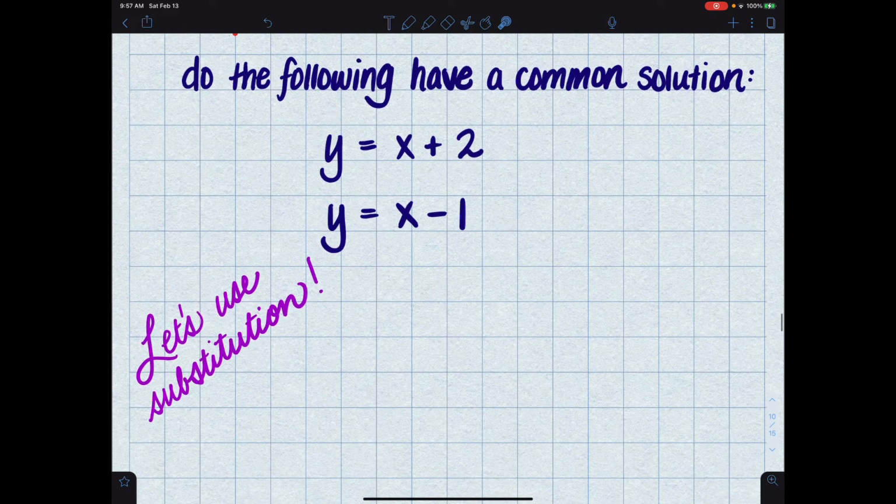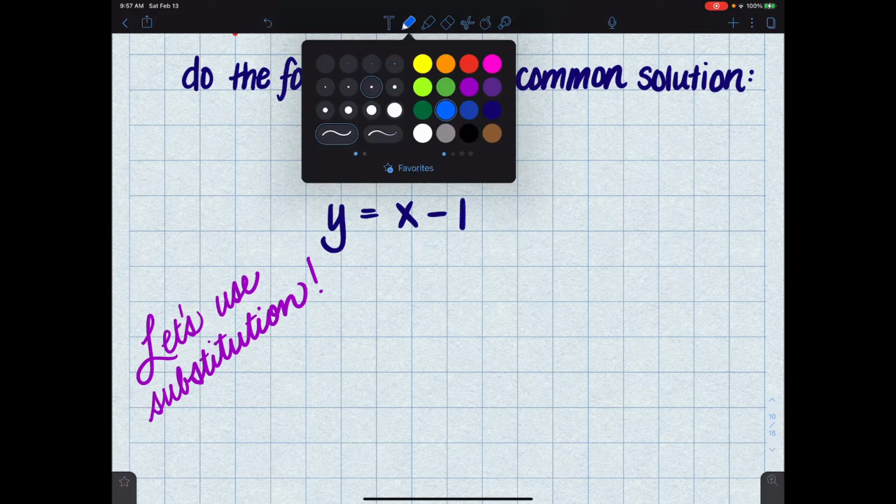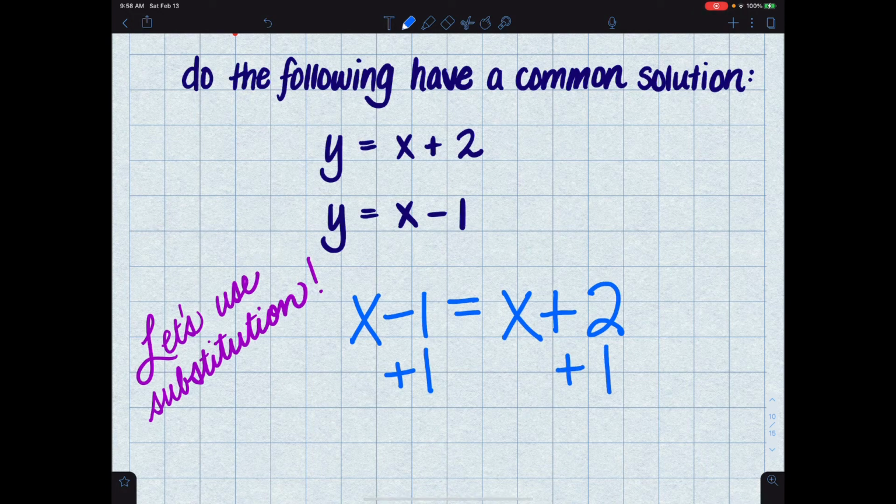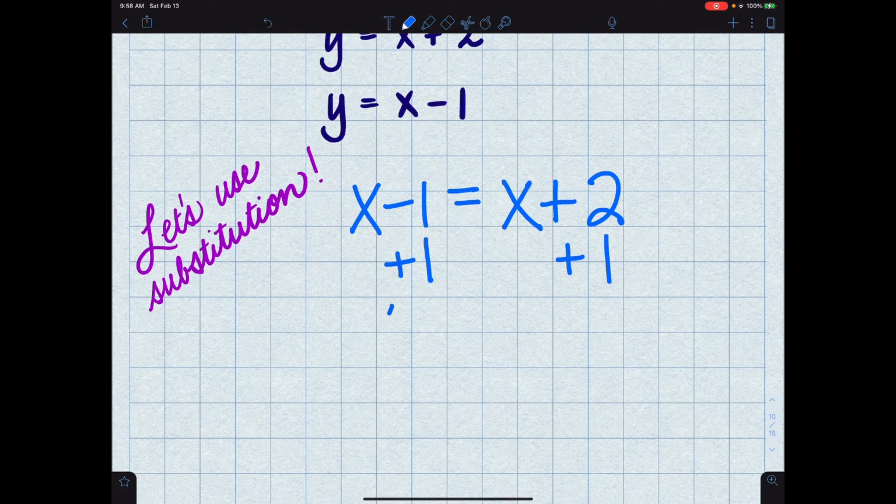This one is already solved for y, so let's plug it in for that y. Then we'll have x minus 1 is equal to x plus 2. Let's add 1 to both sides, and I have x is equal to x plus 3.